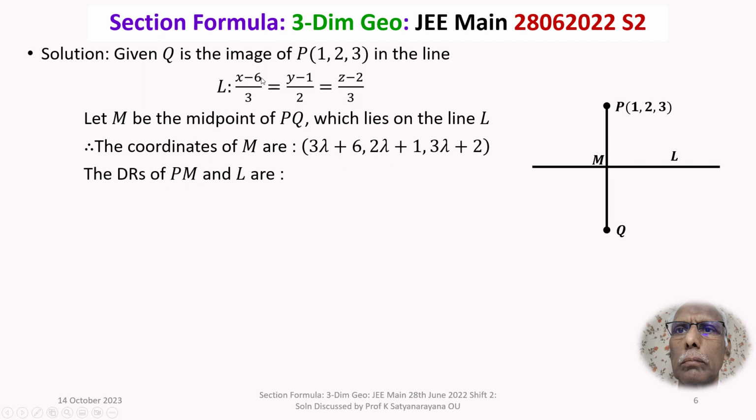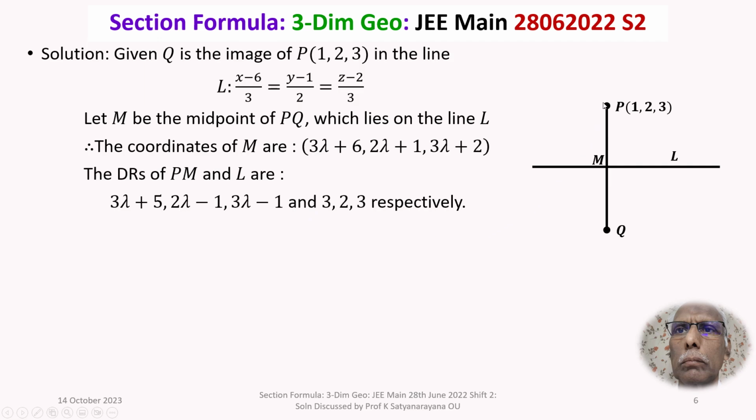The direction ratios are 3 lambda plus 6 minus 1, 2 lambda plus 1 minus 2, 3 lambda plus 2 minus 3. That is 3 lambda plus 5, 2 lambda minus 1, 3 lambda minus 1. These are the direction ratios of the line PM, and the line L has 3, 2, 3.